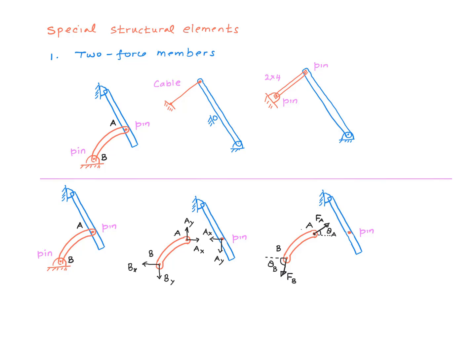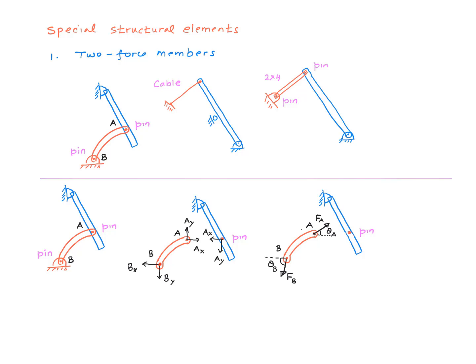Why? So let me take the first one here and explain why we call this a two-force member. If I were to take this rigid member out of the pins and draw the free body diagram for it, these are the forces acting at the ends of that member. So this is the pin at A, right? Therefore, there will be two components of the forces, AX and AY.